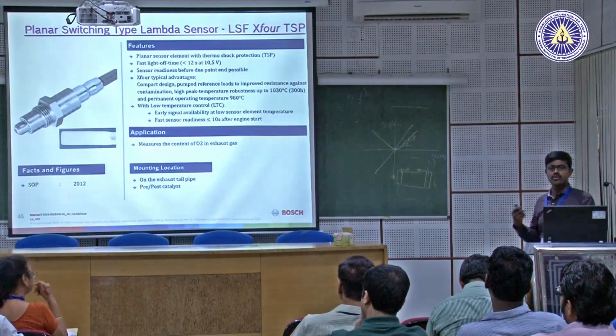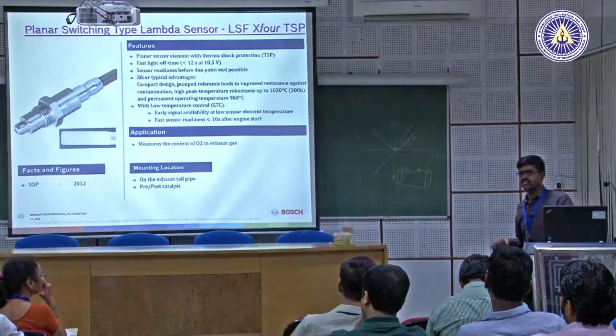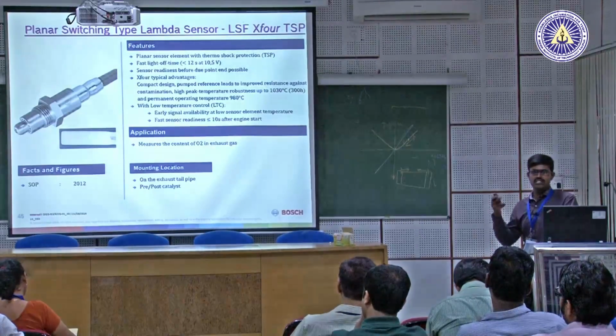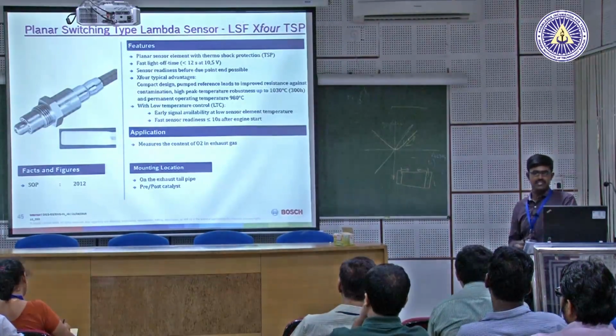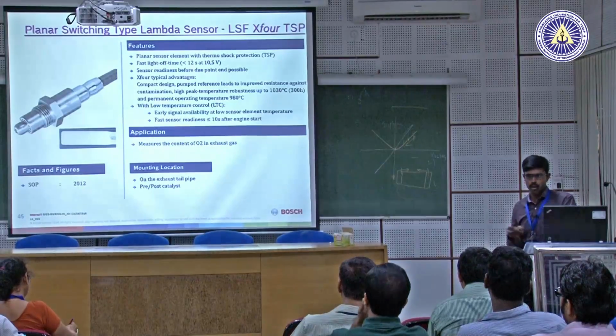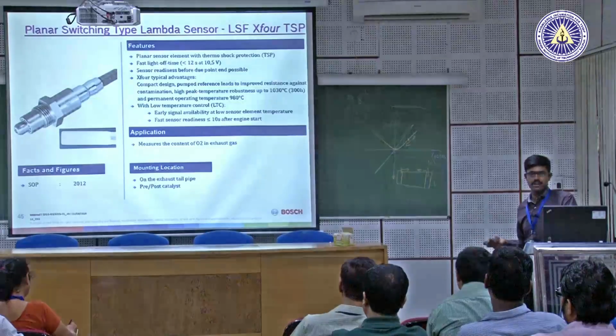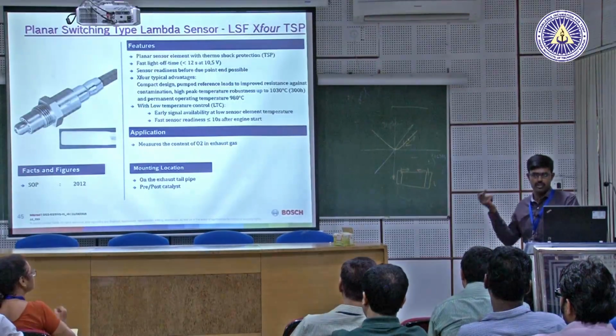How do you know that you have proper or efficient combustion? When your oxygen content in your exhaust gas is very low. It cannot be zero; even after efficient combustion you will have some amount of oxygen.